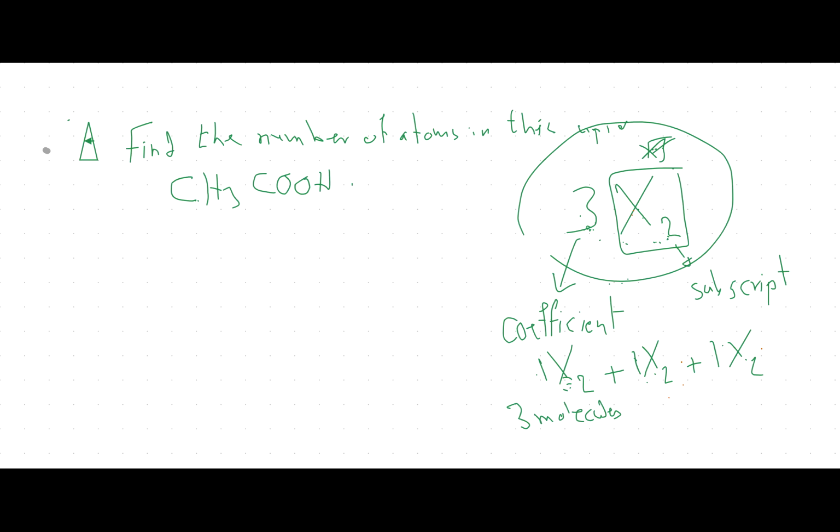I'm talking about the first one, the CH3COOH. Yes, you have 8, right? We have 8: 1, 2, 3, 4, 5, 6, 7, 8. So if I get a question like that, this is the answer. This is how I do it: I just count all of them.